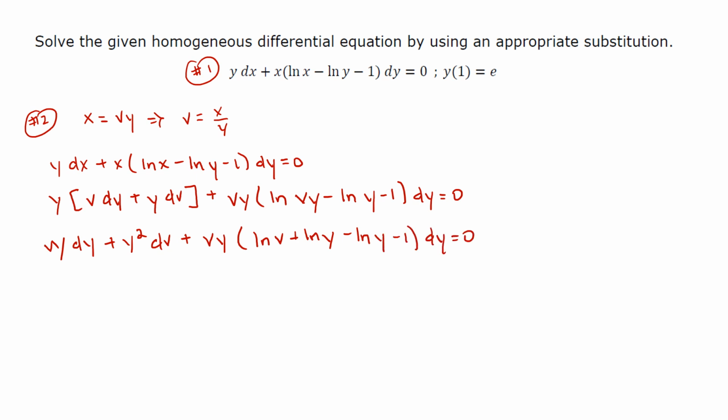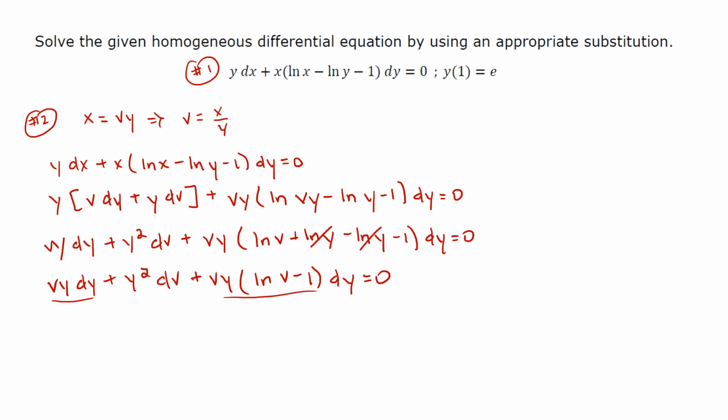Okay, and we see here the natural log y minus the natural log y cancel each other out. Okay, so we're left with vy dy plus y squared dv plus vy times the natural log of v minus 1 dy equals 0. We have two terms that are alike, so we can combine them.